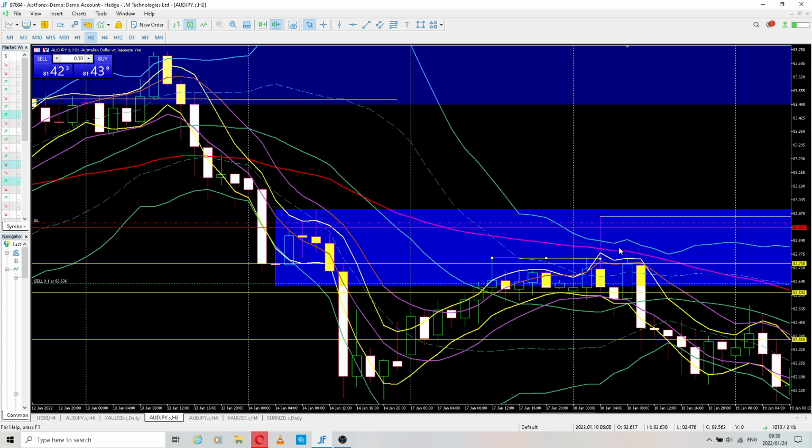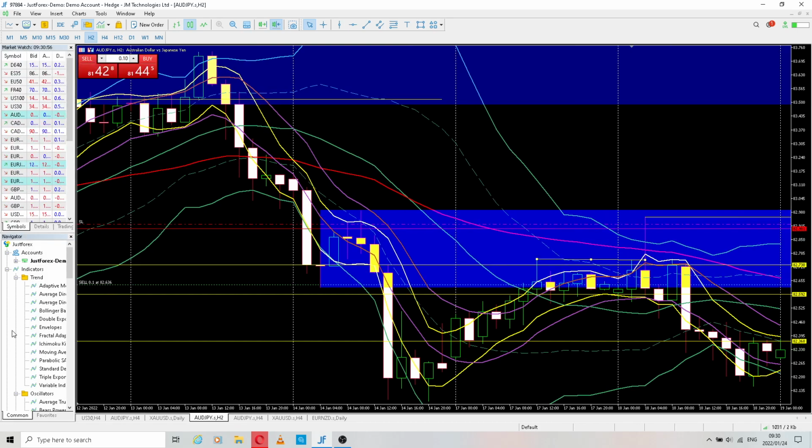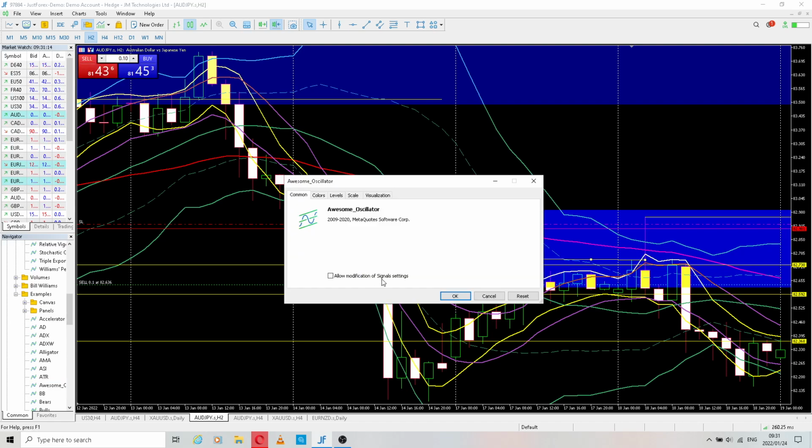So when you see this happening, guys, there is another way of checking this, as well as some people use the awesome indicator. So I was trying to look for my awesome indicator here. I do not see it. But I have a MACD that I like using. It almost works the same, guys. So here's the awesome indicator.